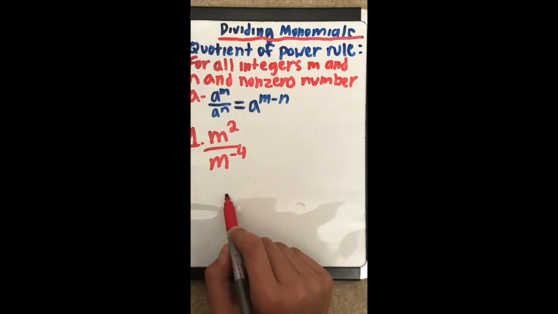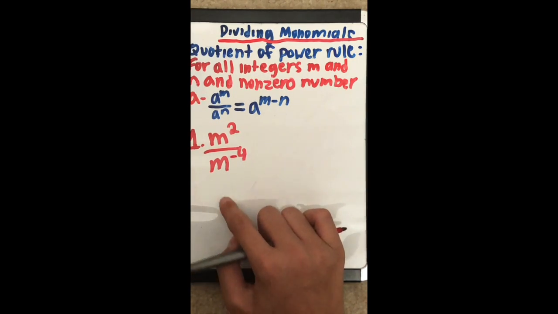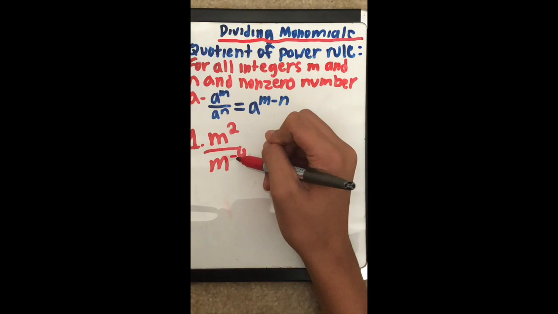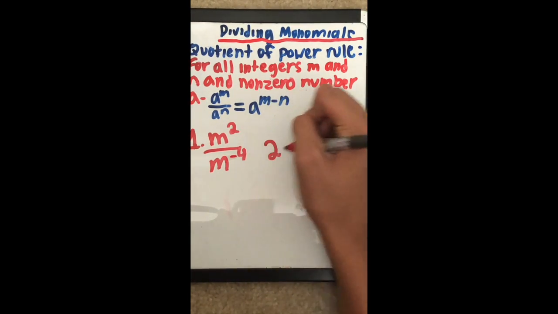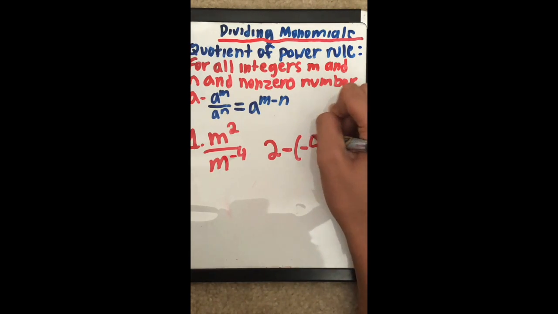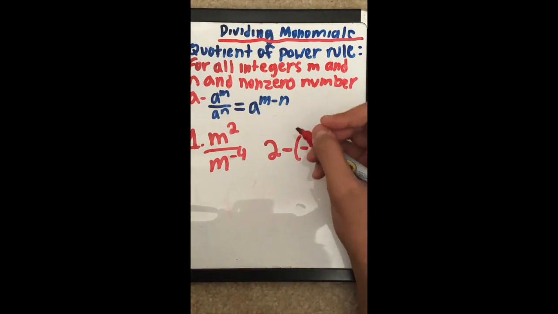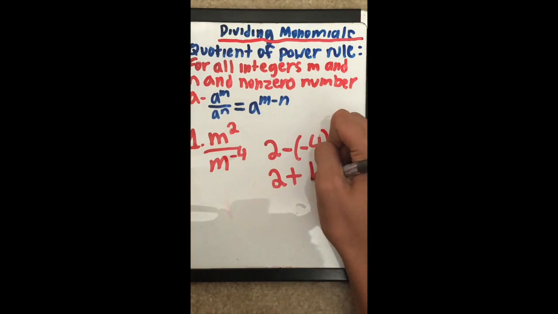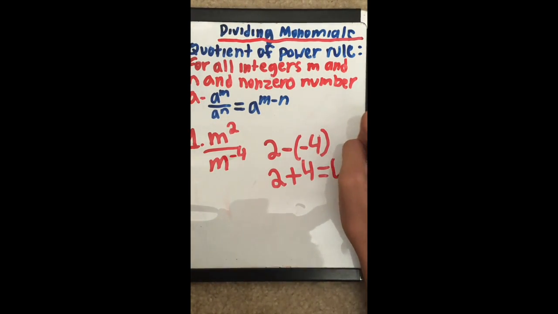What we do is, when there's two negatives, it equals a positive. So we're going to subtract it still. We're going to do 2 minus negative 4. Two negatives equal a positive, so 2 plus 4 equals 6.